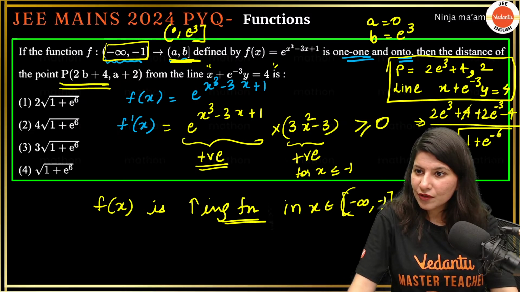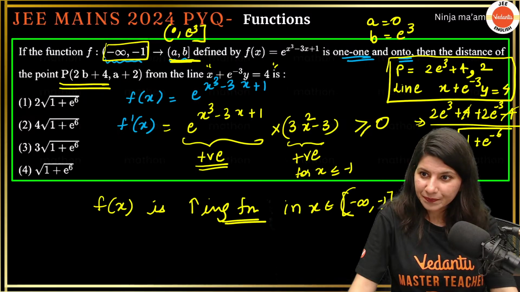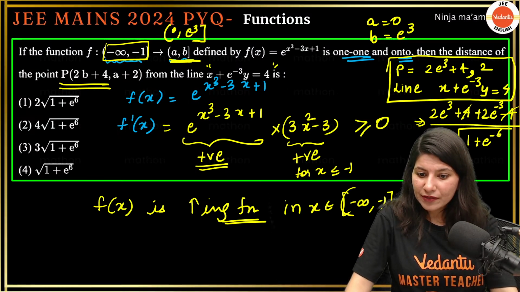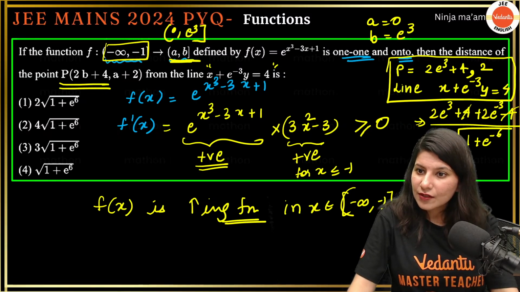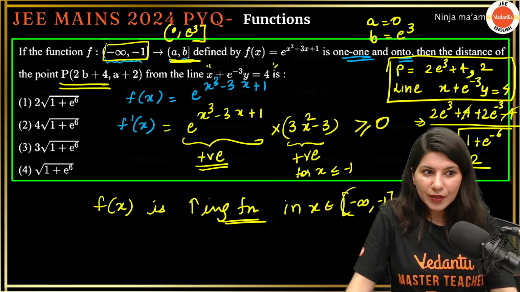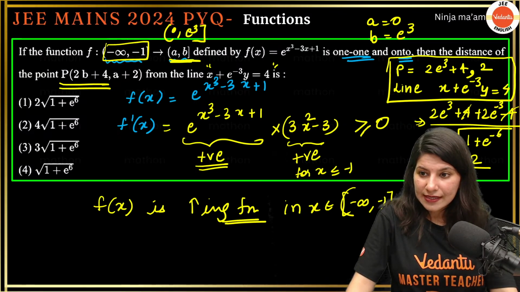So 4 cancels. If you solve it, I hope that this is visible. So this is 2 times (e raised to power 6 plus 1) upon e raised to power 6 plus 1 and e cube.